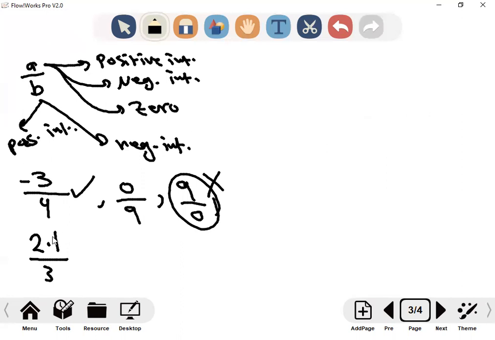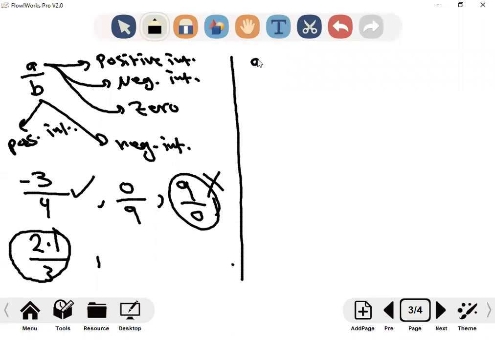No, it's not an integer, it's a decimal. So is this one a rational number? No, because 2.1 is not an integer. Right? You understand?